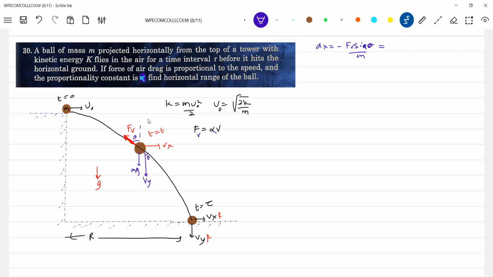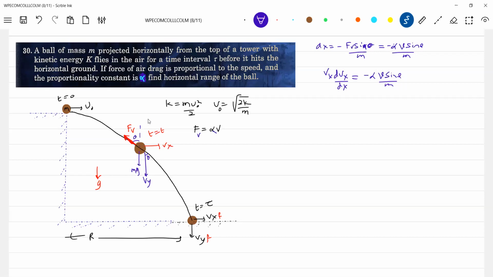The viscous drag is alpha v, so ax becomes alpha v sine theta by m. I'll write ax as v dvx by dx equals minus alpha v sine theta by m. So what is vx?